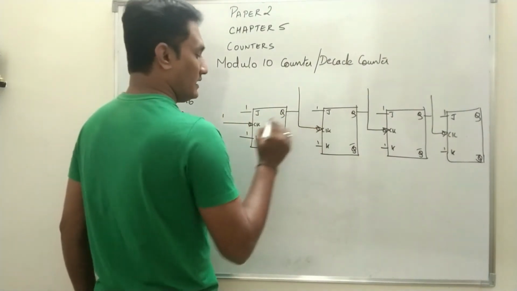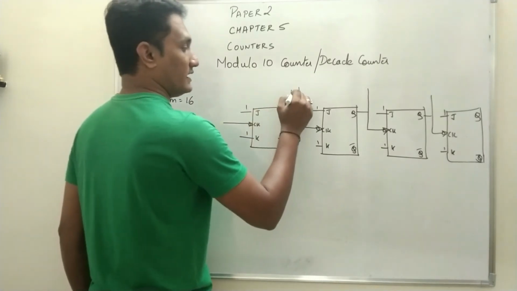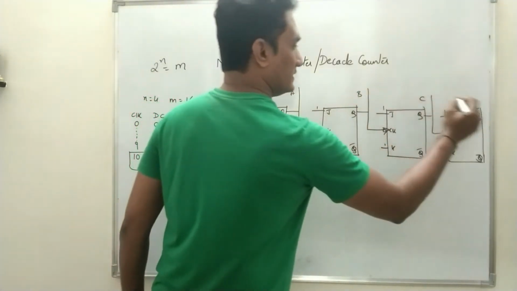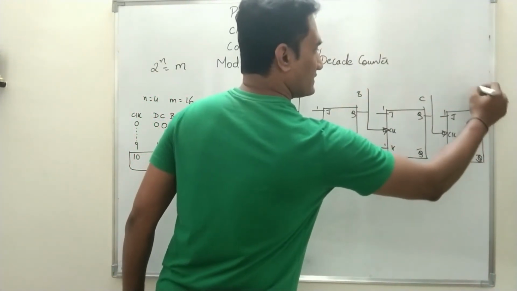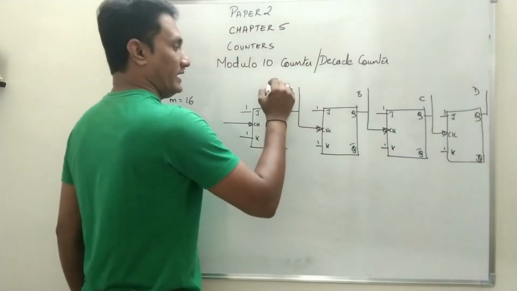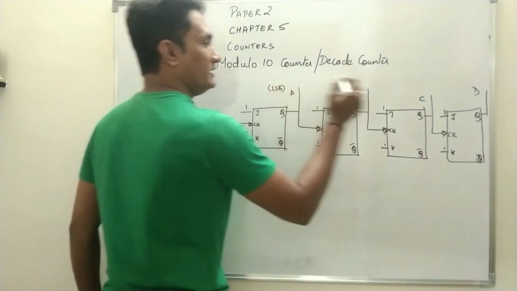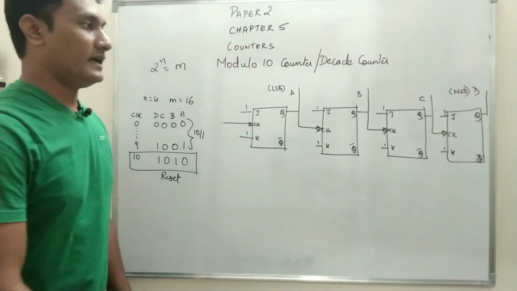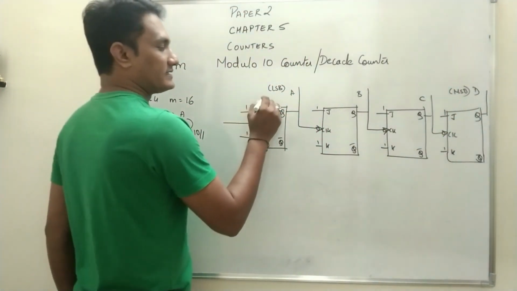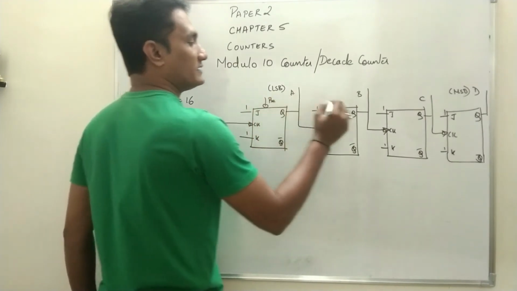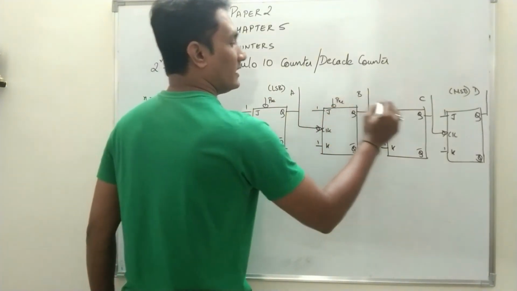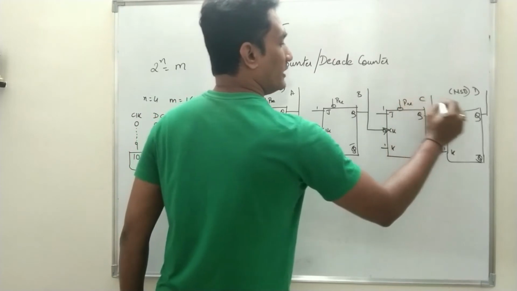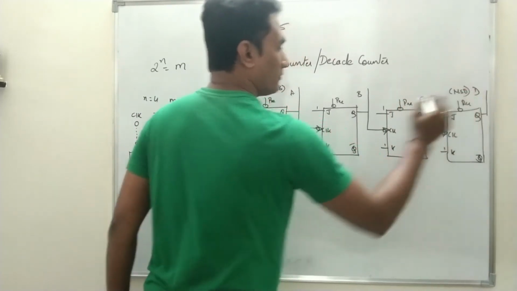This is first, this is A, this is B, this is C, and this is D, where A is LSB and D is MSB.